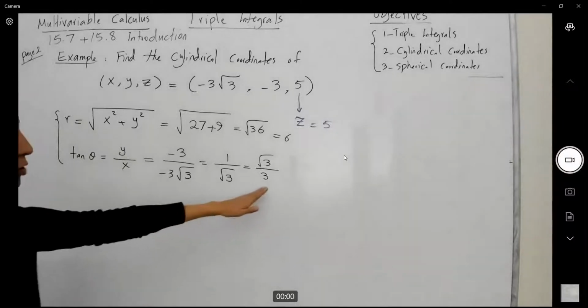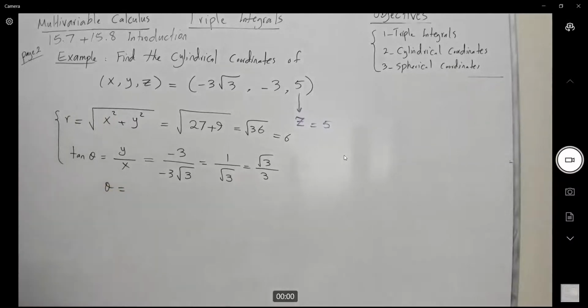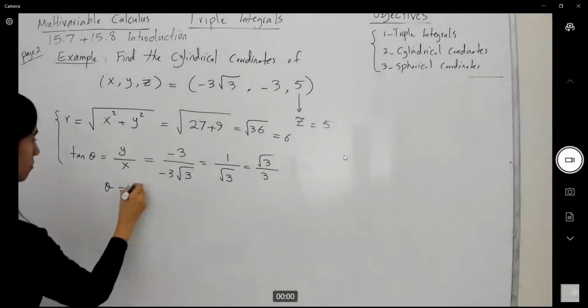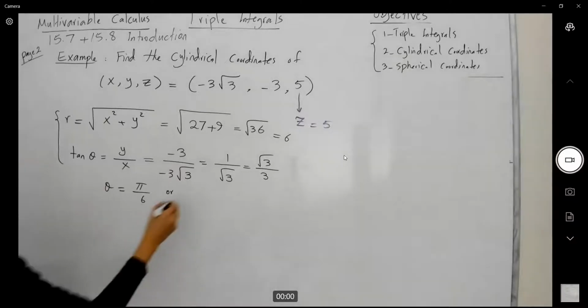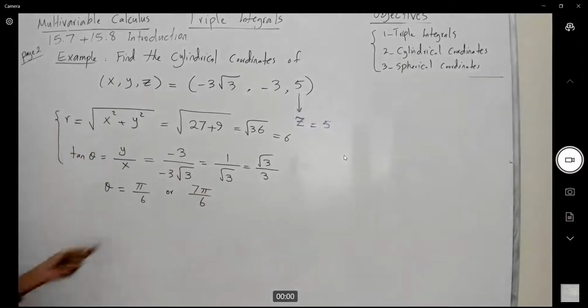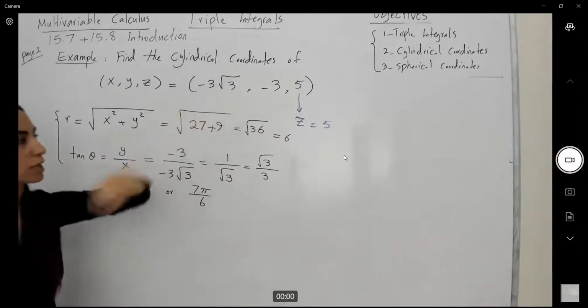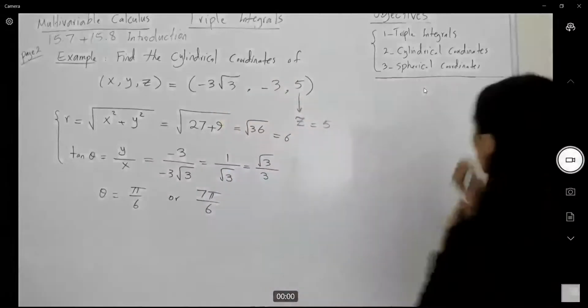The options that you have for your theta are actually pi over 6 or 7 pi over 6. Which one is our final answer? Take a look at your x and y. Note that your x and y are both negative.